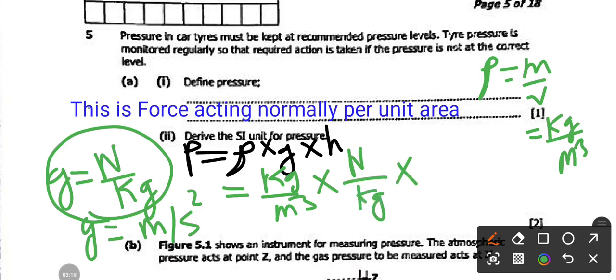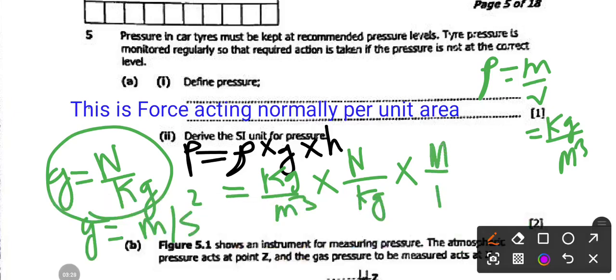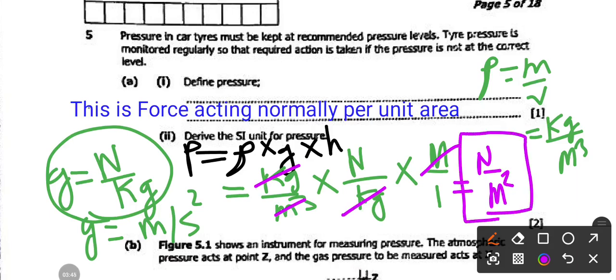H is the height, and height is measured in meters. So we have meters here over 1. Okay. So if we divide this, the kg will go, and meter here will cancel 1 meter from this meter cubed, so that we remain with our final answer of newton per meter squared, which is exactly the SI unit for pressure.